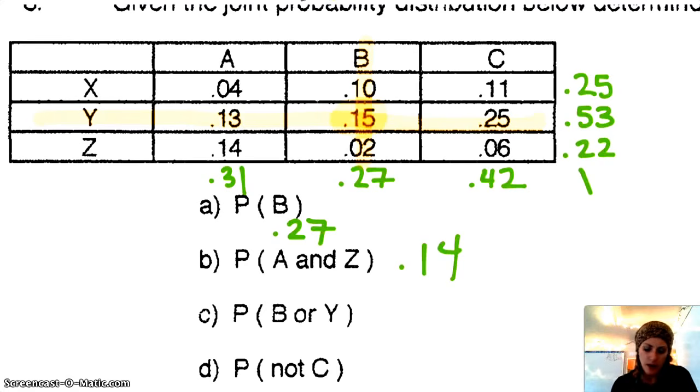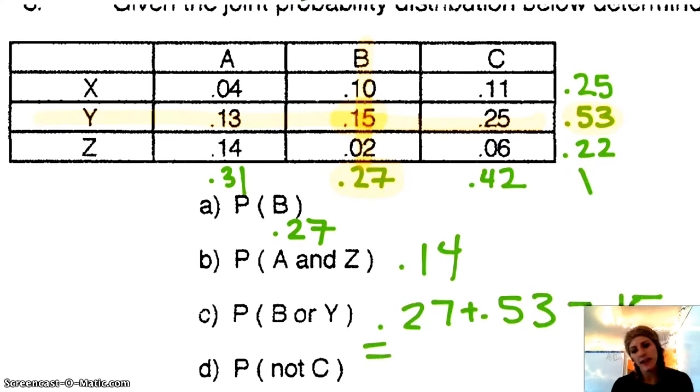So that's your 0.27 plus your 0.53, but both of those counted the 0.15, so you have to subtract it out. My total there is 0.27 plus 0.53 minus 0.15, which is 0.65.